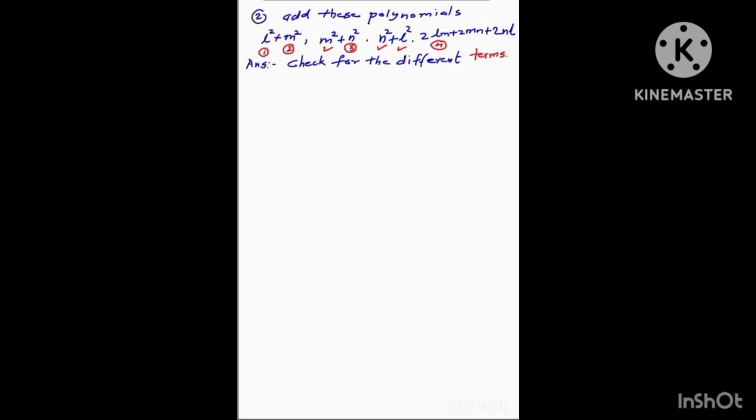So this is 4th, 5th and 6th. So there are 6 different terms, and so we will have 6 different columns. We will not name or actually draw the columns, but we will just follow 6 terms and 6 columns, like that. Okay, see how it is done.